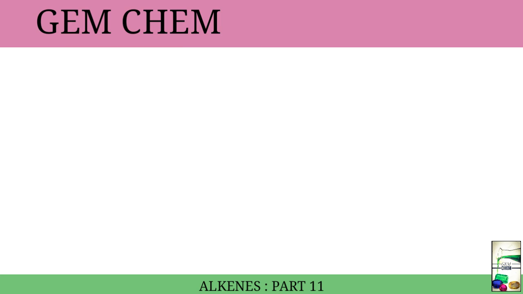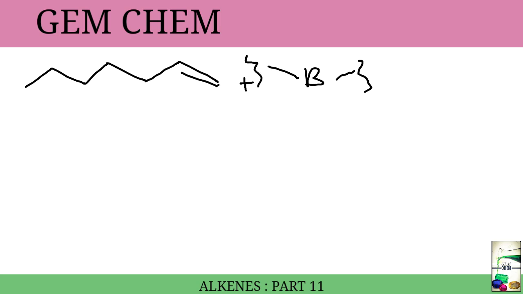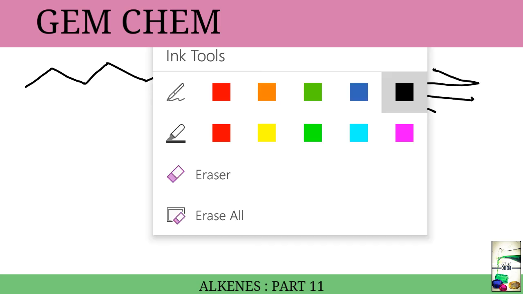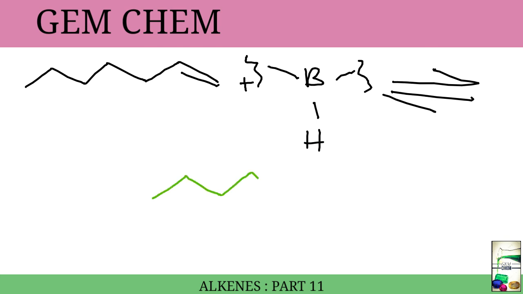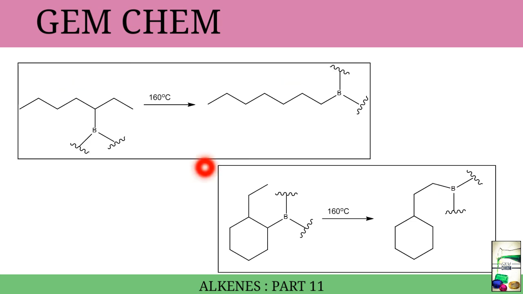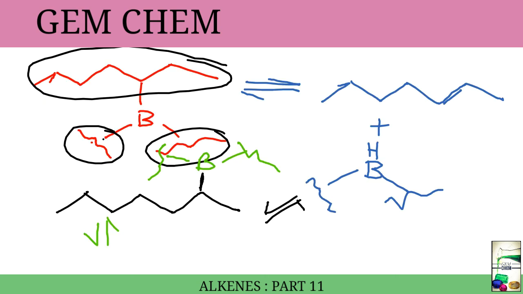Suppose it is breaking like this, that is this, and same thing, but here the alkene and the boron moiety are present here. And in the next step, this boron gets attached to the last carbon, that is the terminal carbon, right, to give our desired product. So this is how simply it is occurring. So we can simply get it by 2 or 3 steps.